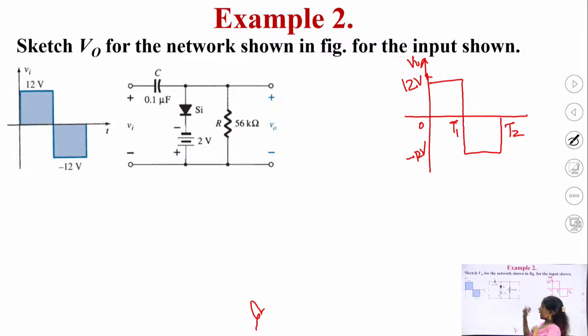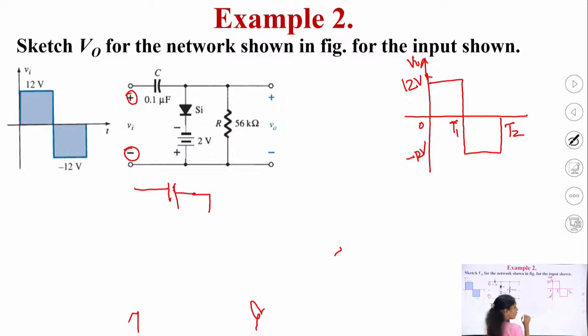So, the diode will be in a forward bias state during the first positive half cycle, because we are directly applying 12 volts. So, this terminal will be at positive potential and this terminal at negative potential. So, this will make your diode forward biased. As soon as your diode is forward biased, the equivalent circuit would be, this silicon diode replaced by a battery of 0.7 volt.